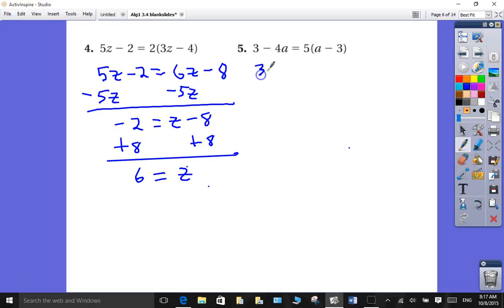All right, this is what it would have looked like. 3 minus 4a equals 5a minus 15. Right? There's two variable terms. Which one is the bigger? 5a. So how do I move the negative 4a from the left? Add 4a.